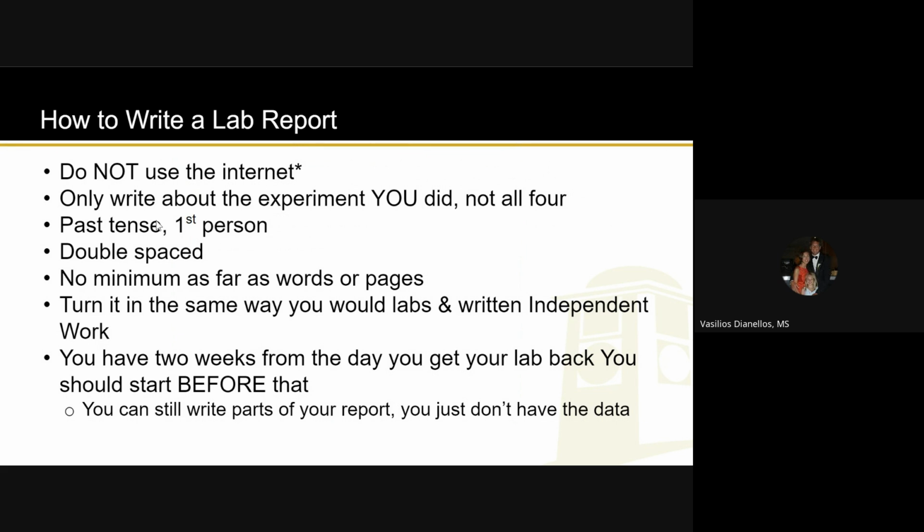I put another cuvette 15 centimeters from the light source. I put another cuvette 20 centimeters from a light source, right? Whatever it is, it's you, it's first person, it's past tense. So you don't want to say, we put a cuvette on the ice, or you don't want to say, the first thing you need to do is put a cuvette under a lamp, right? So it's past tense, first person.